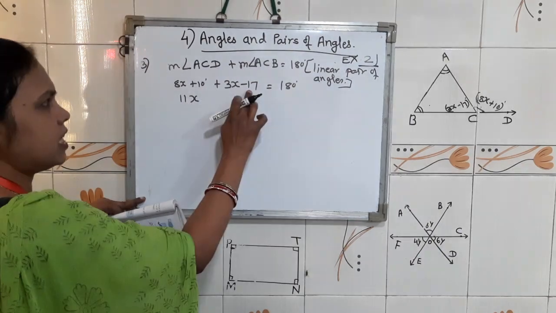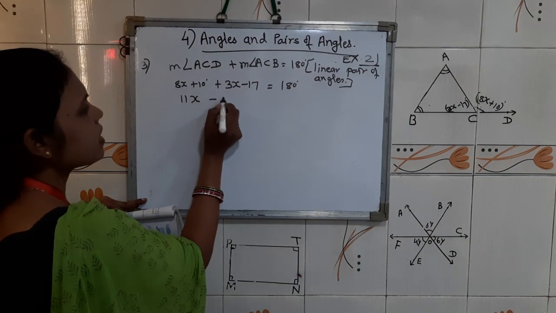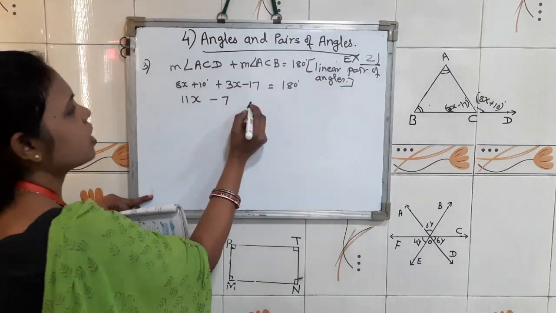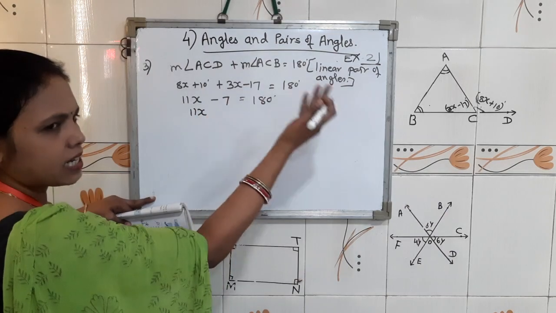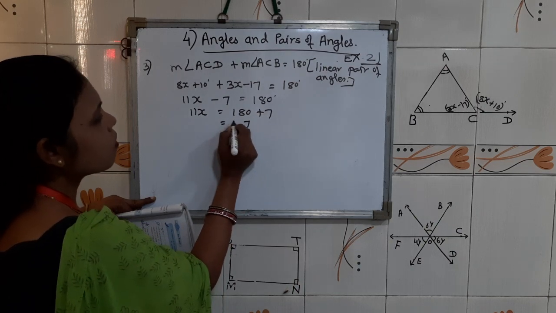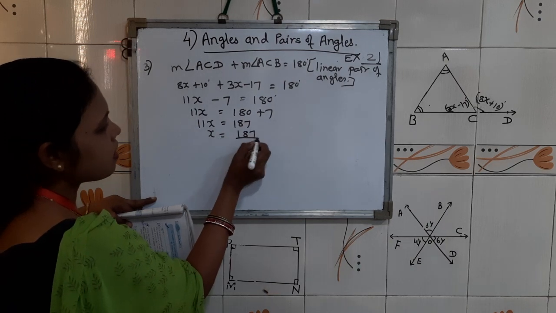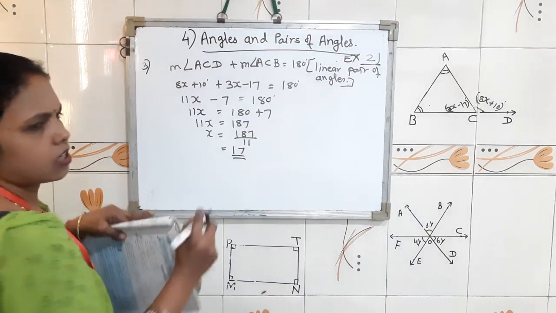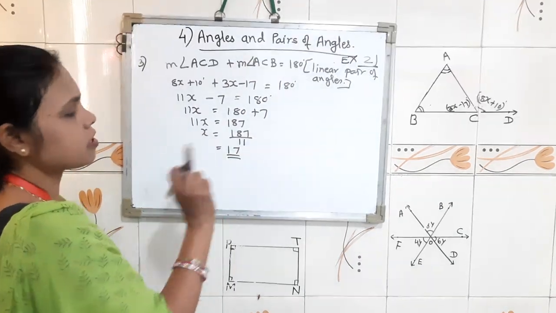Addition of both these, 17 minus 10, then your answer is minus 7, because from the bigger number we are subtracting 10, equal to 180 degree. 11x minus 7, we are taking to the right hand side, equal to 187. 11x, x equal to 187 divided by 11. Answer is 17. So children, the value of x you got is 17.